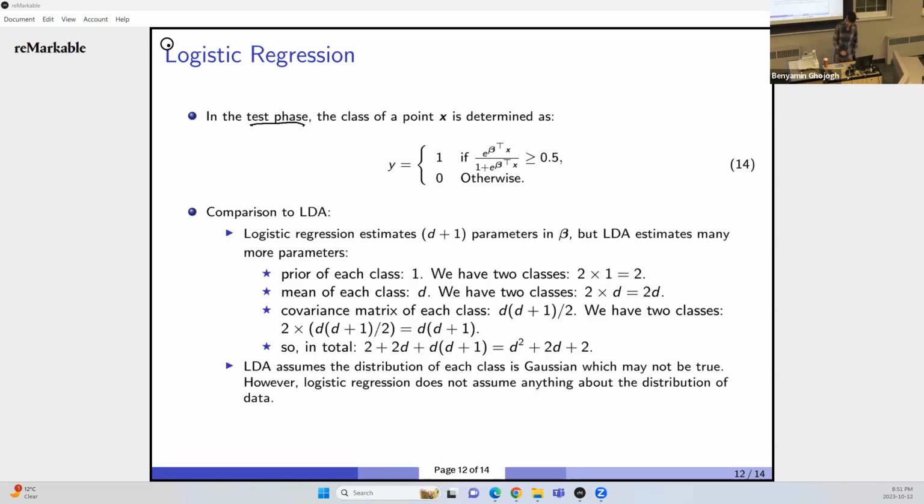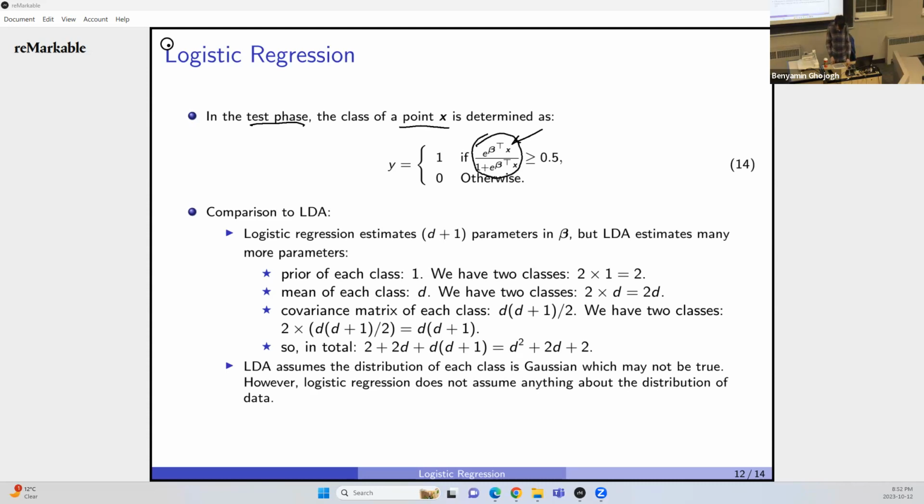In the test phase now, the training phase is over. We found beta, right? In the test phase, for a point x, which can be a training point or test point, we feed it to the logistic function. If it is greater than half, it means that probably it belongs to that class. If it is less than half, it belongs to the other class. But which class? What is this logistic?